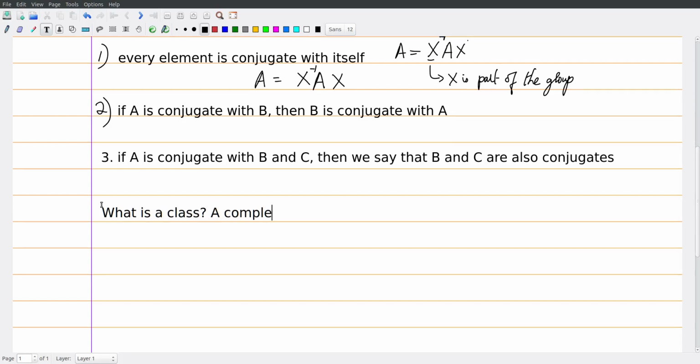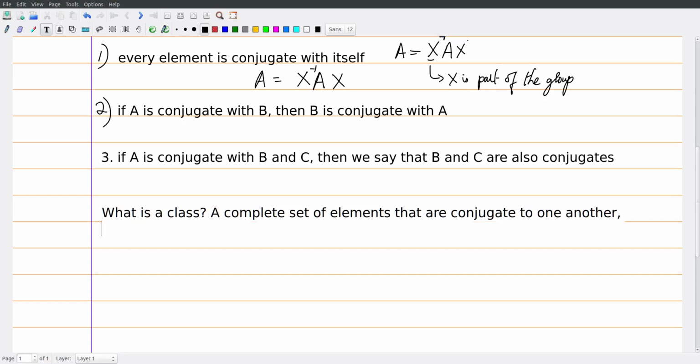A complete set of elements that are conjugate to one another constitute a class of the group.